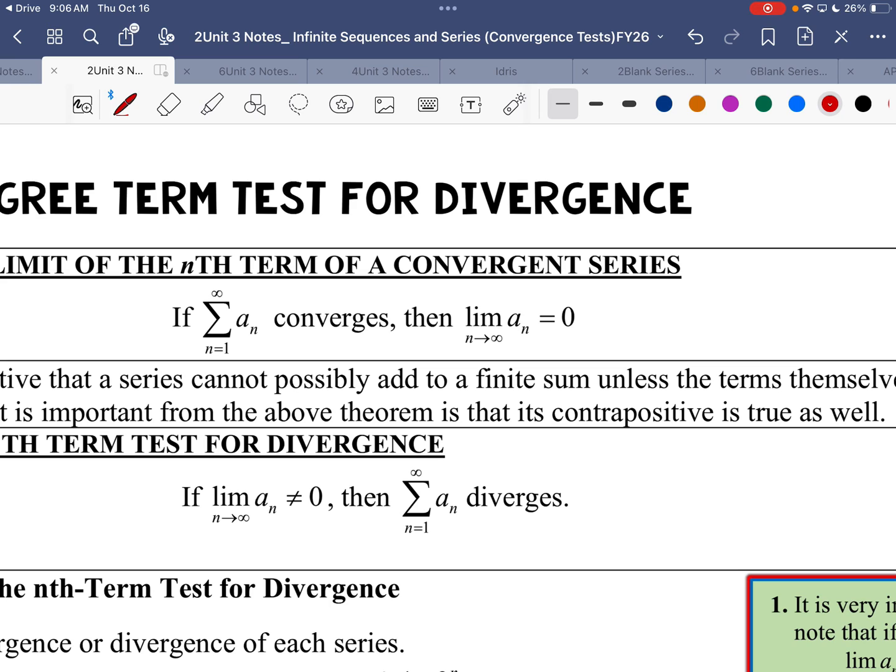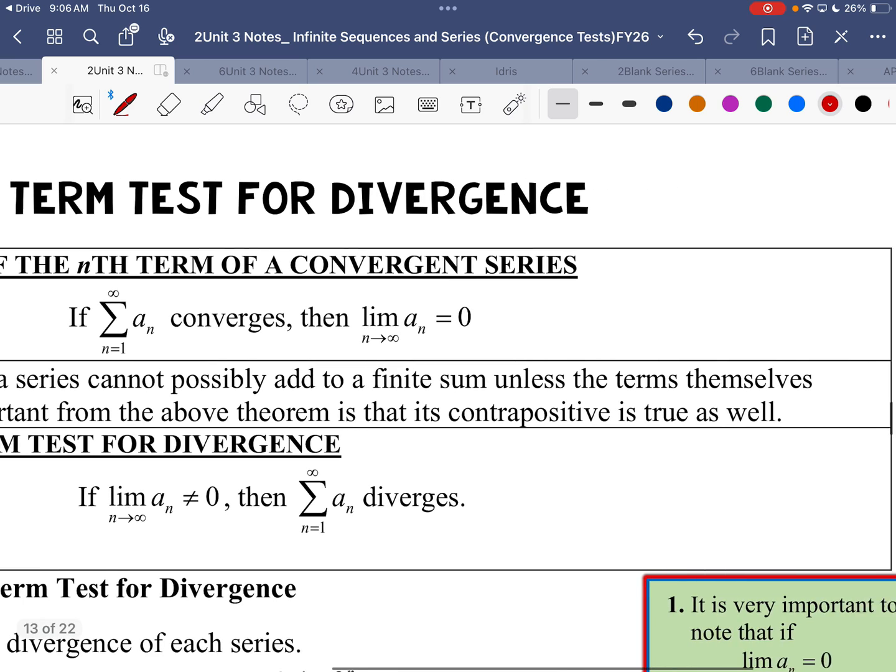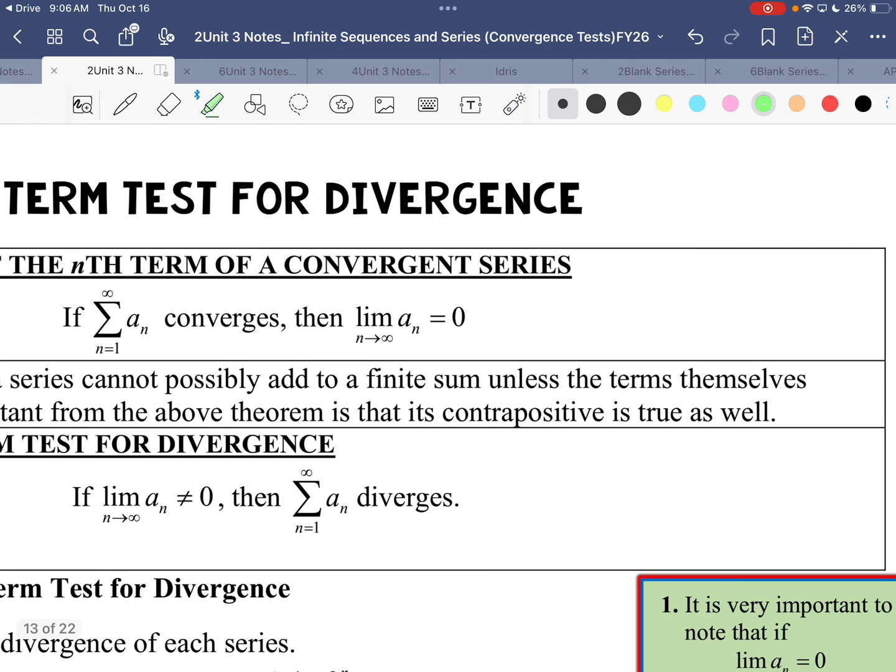Then when we do the contrapositive of that, and you probably don't remember the word contrapositive, but the contrapositive is a big proofs thing, where if you have an if P, then Q situation.